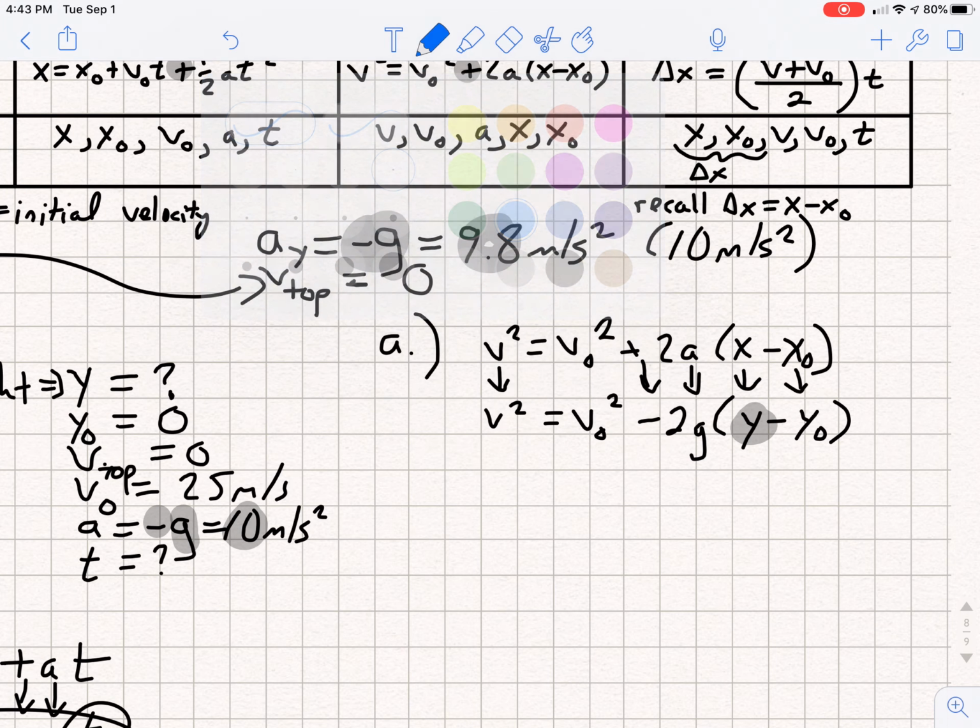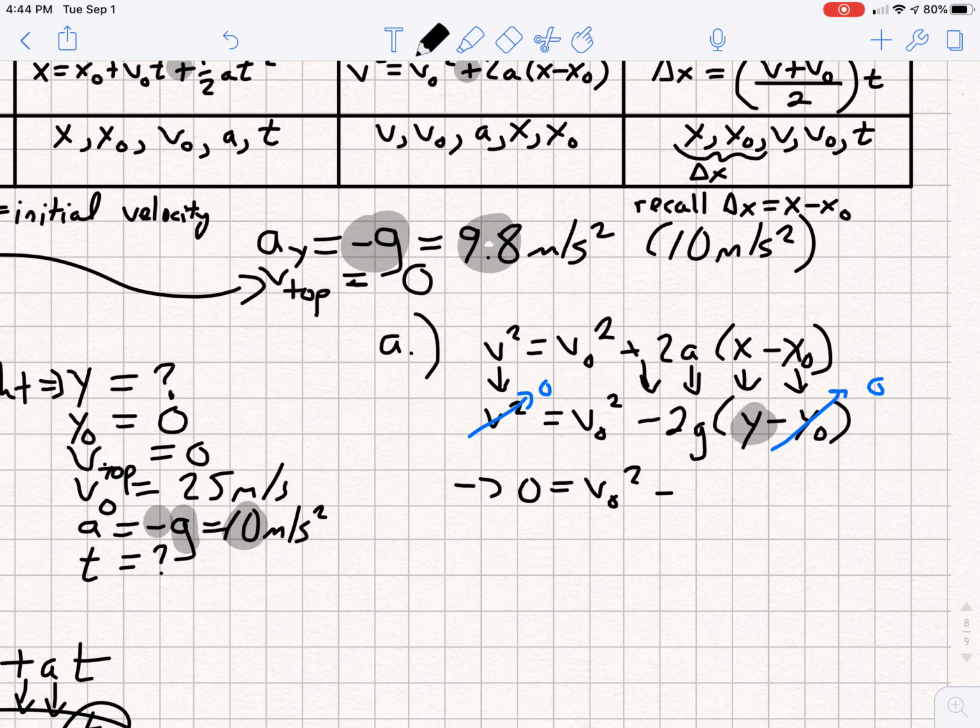Well, go from your list right here. We know that v at the top is equal to 0, so I can zero out that. 0 squared is still 0. We know that y naught at the bottom is also 0. Okay, this helps to simplify the equation a little bit into 0 equals v naught squared minus 2gy.